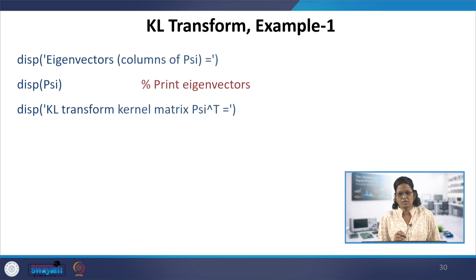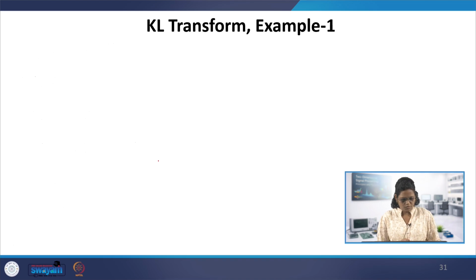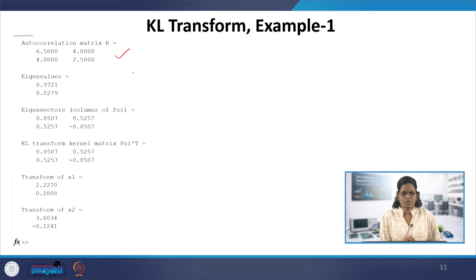Just get V as psi transpose x. Those are the transformed coefficients of the KL. Here is what is printed: the autocorrelation matrix for the example, the eigenvalues obtained for it, and then the eigenvectors, with the columns arranged accordingly. For one eigenvalue we get one eigenvector, and for the other eigenvalue the other eigenvector, arranged as columns of the eigenvector matrix.